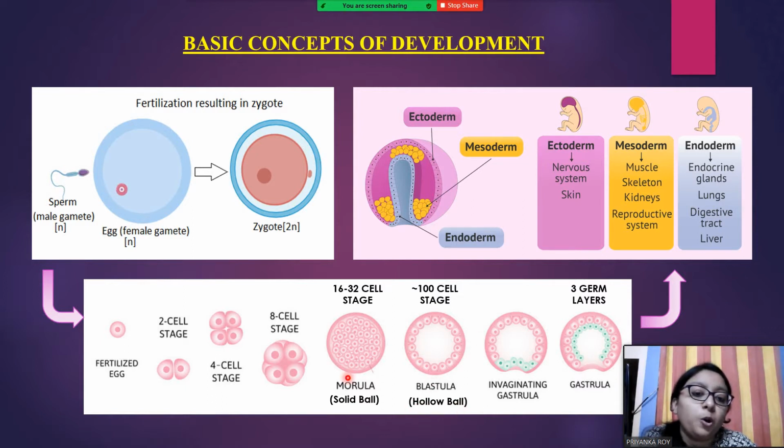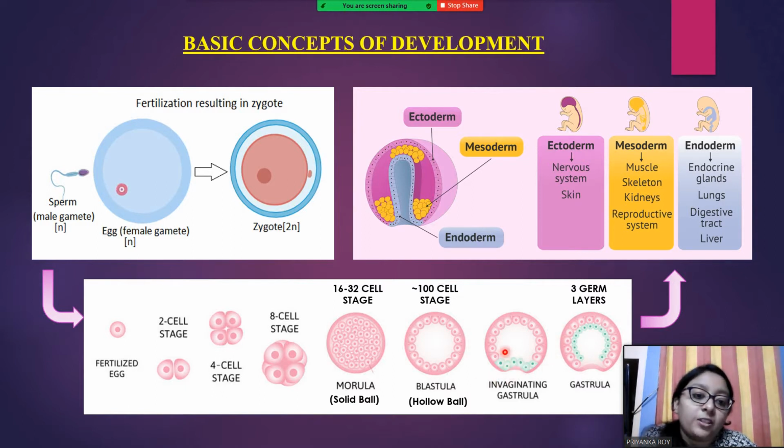So from solid ball, it goes on to form a hollow ball structure, leaving a vast space within them. So this space is known as blastocele. Okay, this is a fluid filled space, but this space is formed by when the cells arrange themselves around the periphery of the ball.